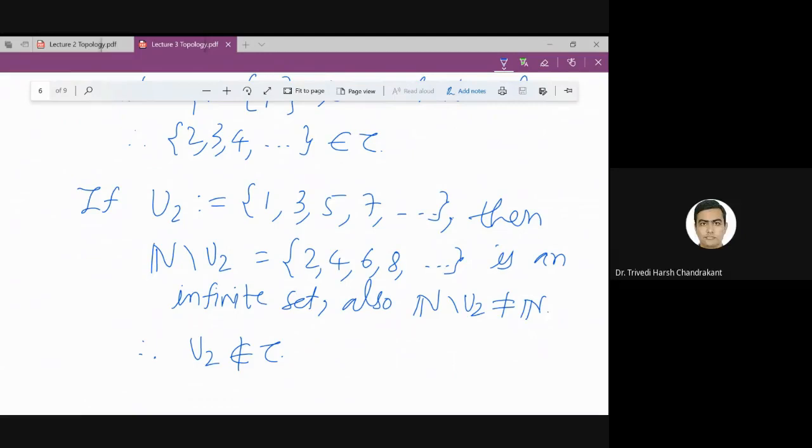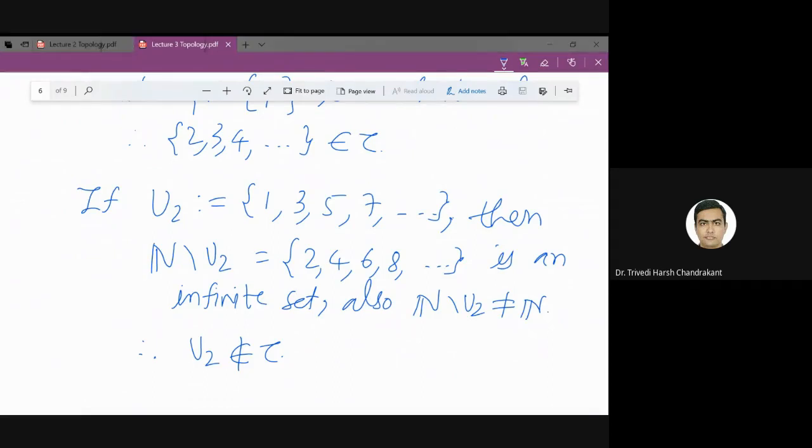We can say U2 is not open. But that it is not open doesn't mean it is closed. If U2 belongs to tau, then we say it is open. If U2 does not belong to tau, that means it is not open. We call a set closed only when it is the complement of an open set.